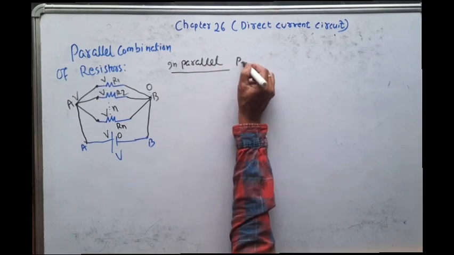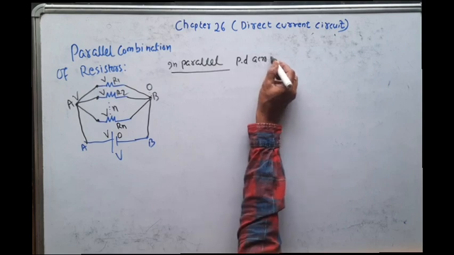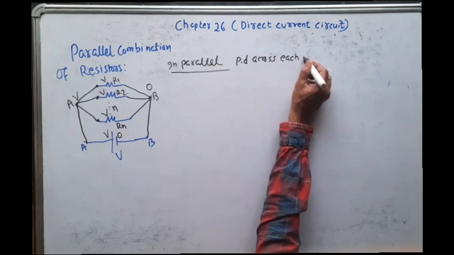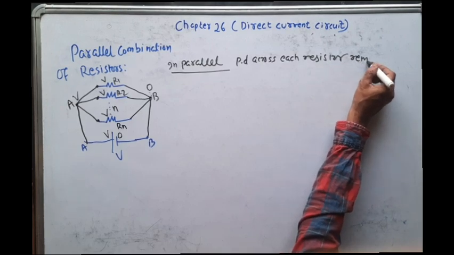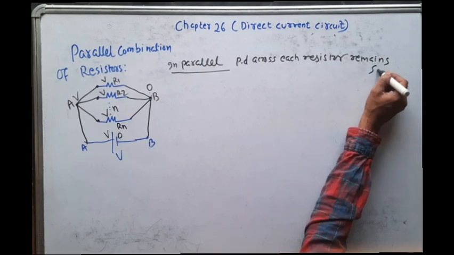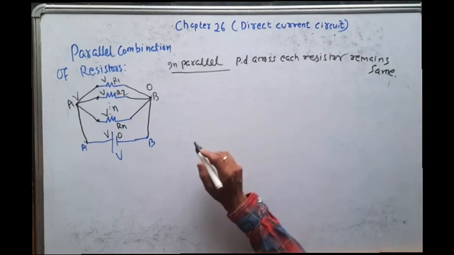The potential difference across each resistor remains same. This is the characteristic of parallel connection.